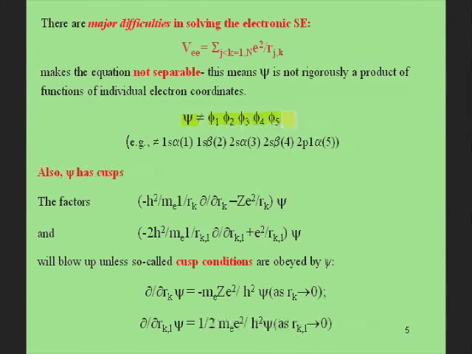Now, of course, VEE is not one electron additive, so the true psi cannot really be written exactly in terms of products of these things, which we're going to call orbitals, or actually spin orbitals in principle.